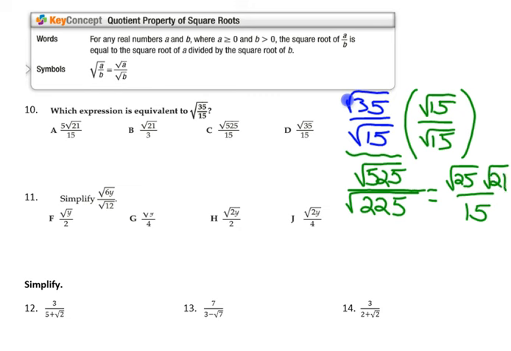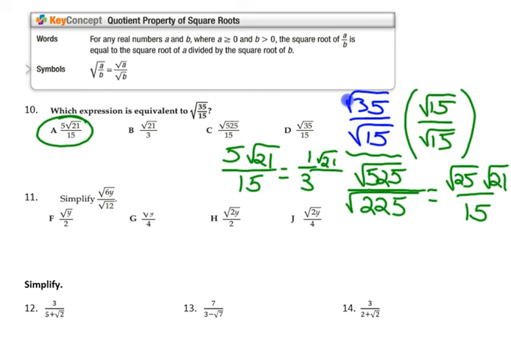And I can take the square root of 25. I'm going to continue over here because I wrote too big. Square root of 25 is 5. We keep the square root of 21 all over 15. Which up here is given as choice A. These could then be reduced to 1/3 square root of 21, but they didn't do that here.